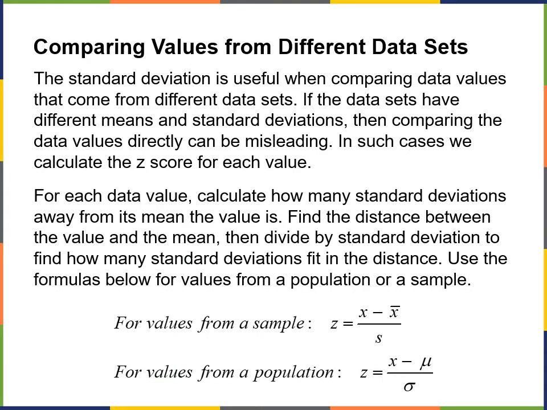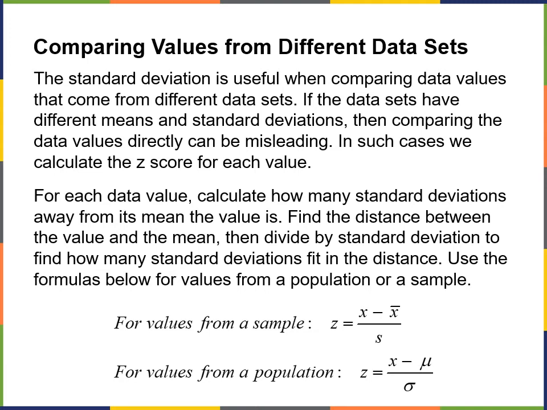One thing you're going to see us doing throughout the semester is comparing different data sets, so data values from different sets. Sometimes that can be very difficult to do, mainly because they might not have any relationship with one another. If we're talking about, say, Jasmine's friends versus my friends, they might have different means, different variations, different standard deviations, in which case you can't necessarily compare them directly to each other.